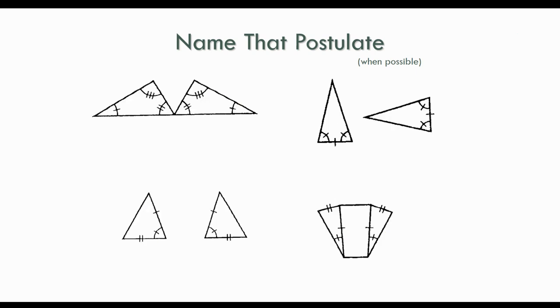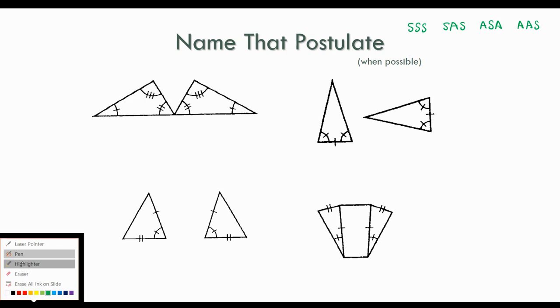Let's take a look at some more. We're going to name the postulate if possible. Okay, so I'll write them again at the top, if my pen will let me. Here we go. Okay, remember we've got side, side, side; side, angle, side; angle, side, angle; or angle, angle, side.